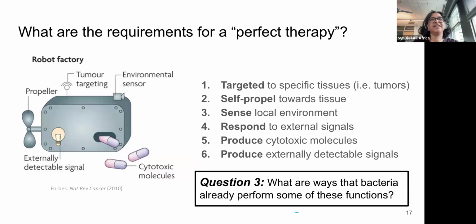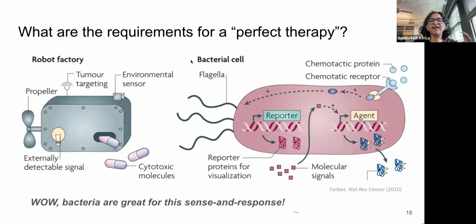Cool. Let's keep going. So bacteria actually have a lot of biological mechanisms to perform a lot of these different functions. They have genetic machinery to produce a bunch of these different compounds that can then be released to the cancer cells and kill off the cancer cells. They can have specific promoter regions to respond to different molecular signals, so only turning on when the molecular signal is present.